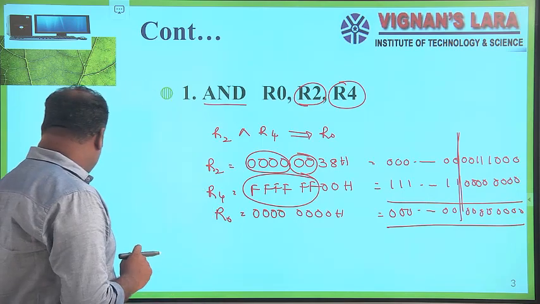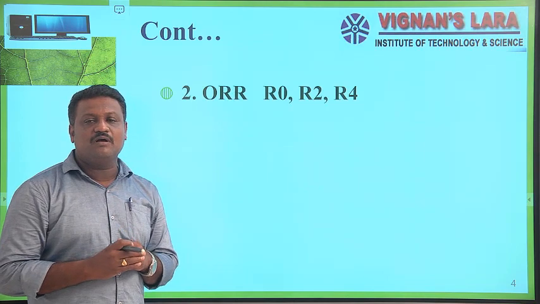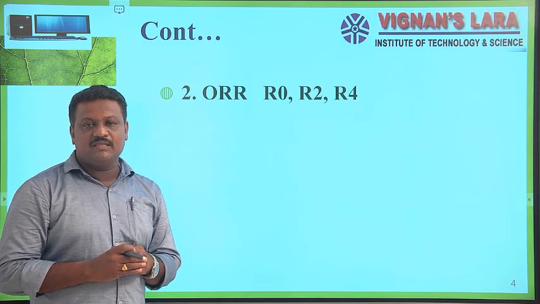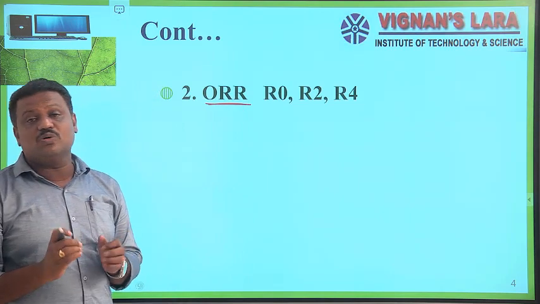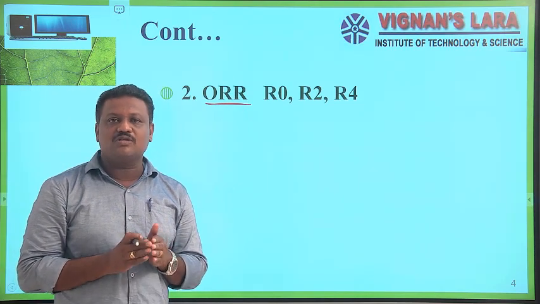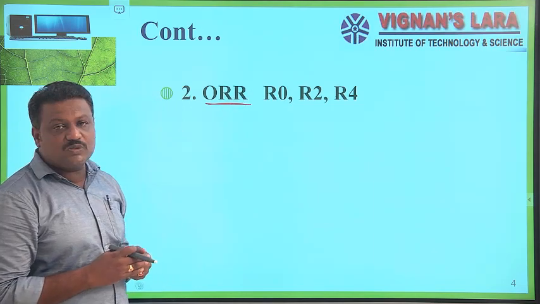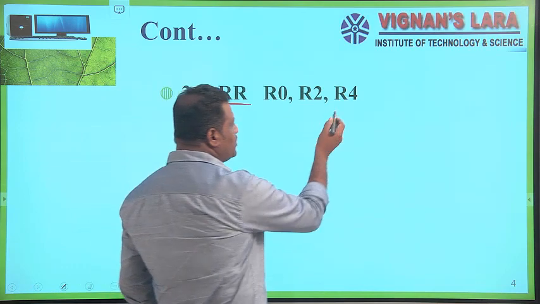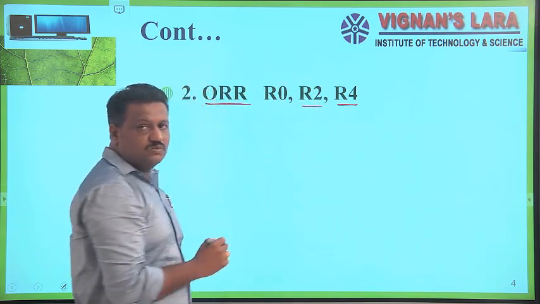Coming to the second instruction, which is used to perform logical OR. This logical OR operation we can also call inclusive OR. You remember that, guys. The meaning of this one is: do a logical OR operation between the CPU register contents R4 and R2.